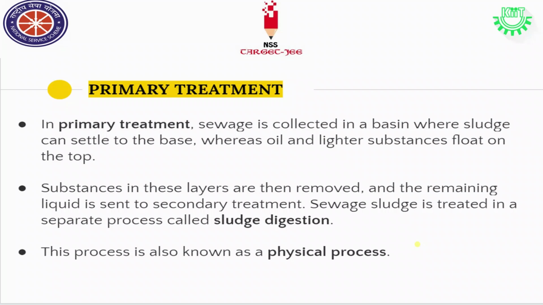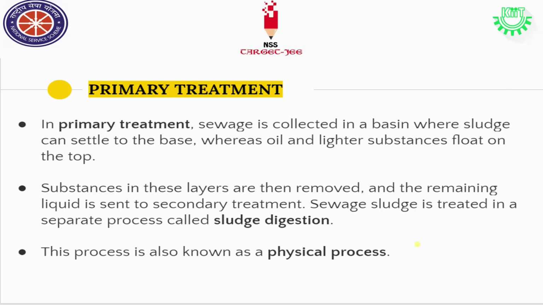In primary treatment, sewage is collected in a basin where sludge can settle to the base, whereas oil and lighter substances float on the top, just like the process of sedimentation. Substances in this layer are then removed and the remaining liquid is sent to secondary treatment. Sewage sludge is treated in a separate process called sludge digestion.